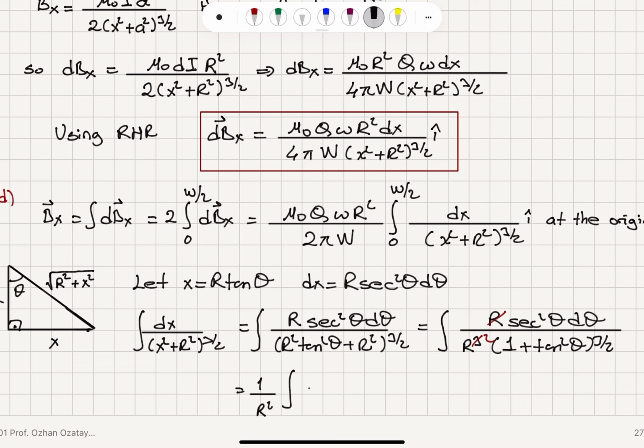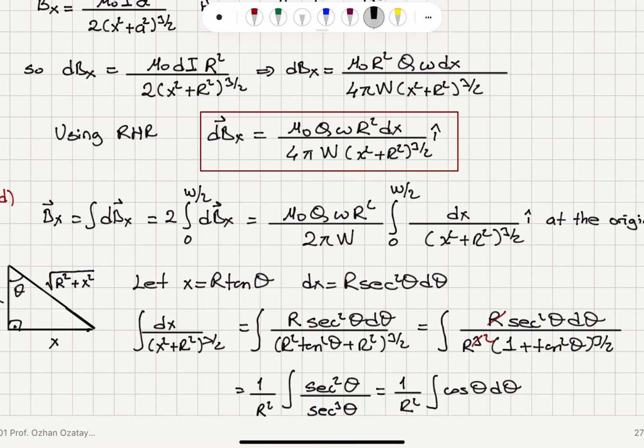integral of secant squared theta divided by, because 1 plus tangent squared theta is secant squared theta, secant cubed theta at the bottom. So this is 1 over capital R squared integral of 1 over secant theta, which is cosine theta d theta.